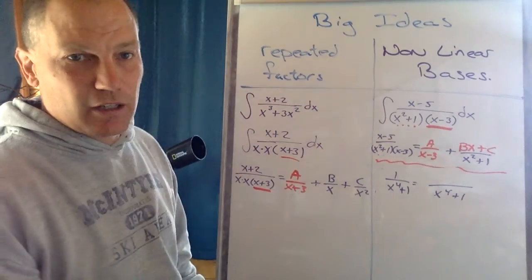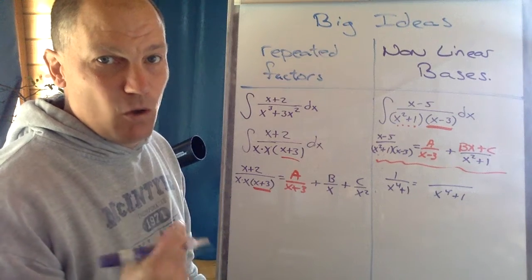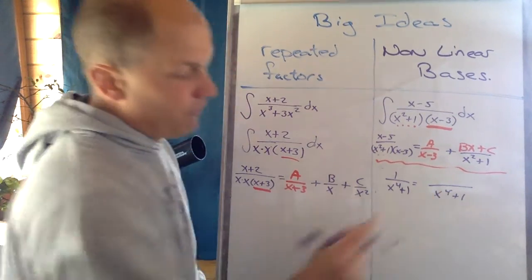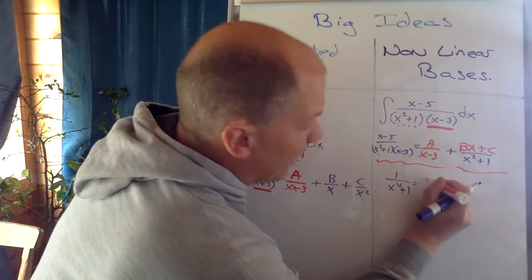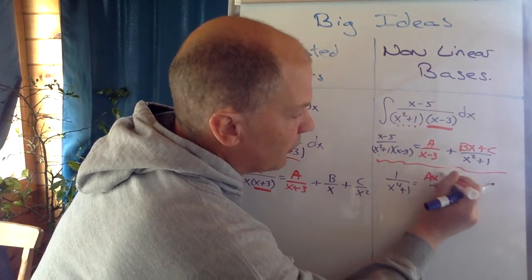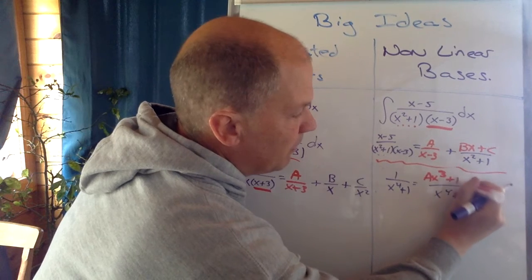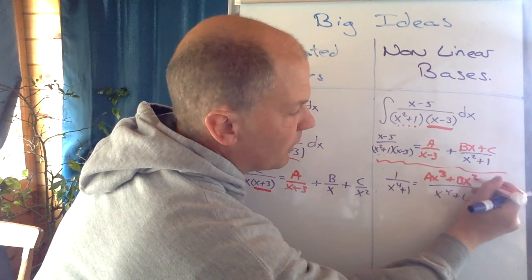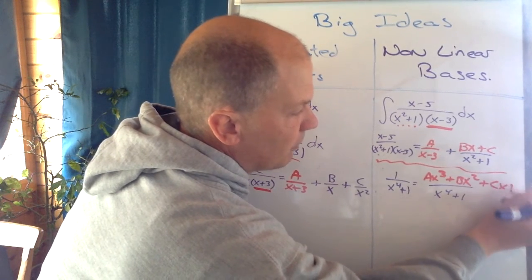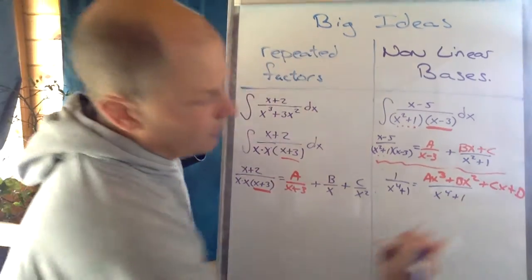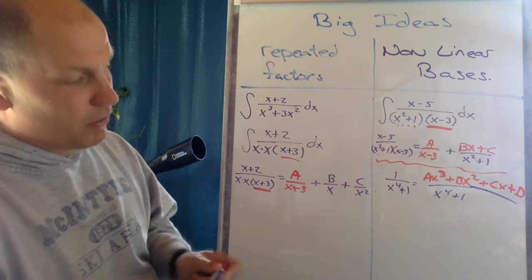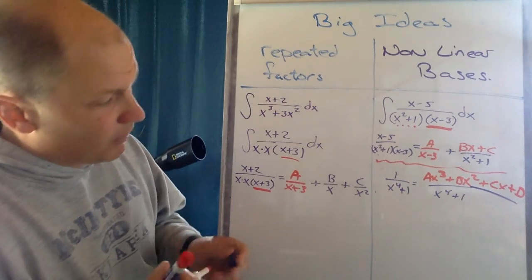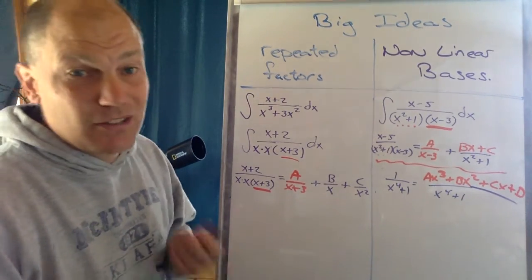What goes in the numerator has to be a polynomial 1 degree lower than the 4. So 1 degree lower than the 4 would be a cubic. So I'm going to do Ax cubed plus Bx squared plus Cx plus D. That is a generic cubic that's 1 degree lower than x to the fourth, and I've got all my variables in there. So that's how I would set that up.